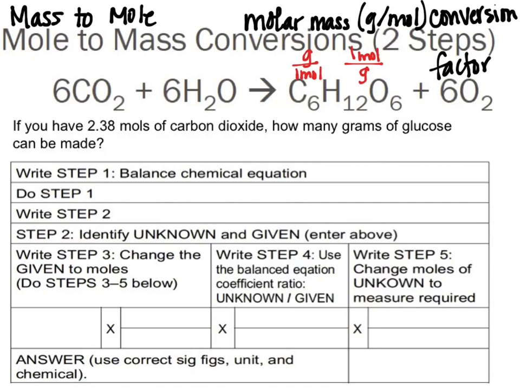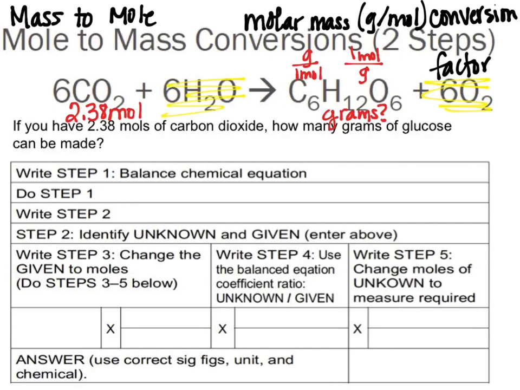My question says if you have 2.38 moles of carbon dioxide, so I'm going to write that under what I have, 2.38 moles. How many grams of glucose can be made?